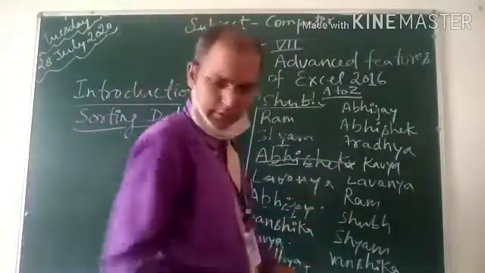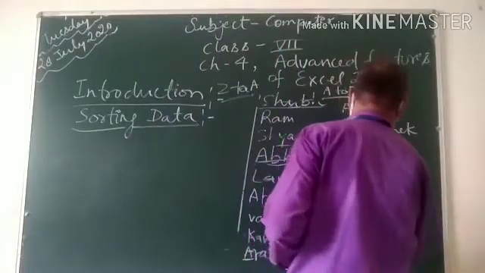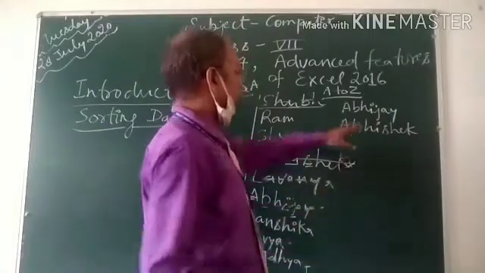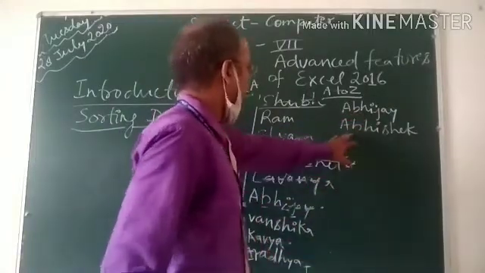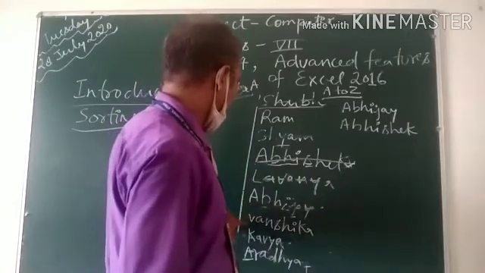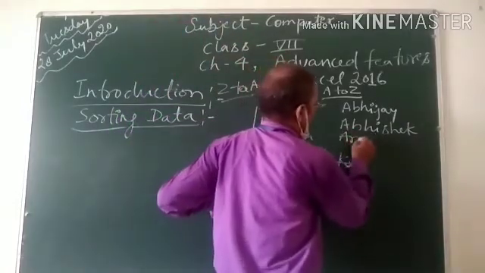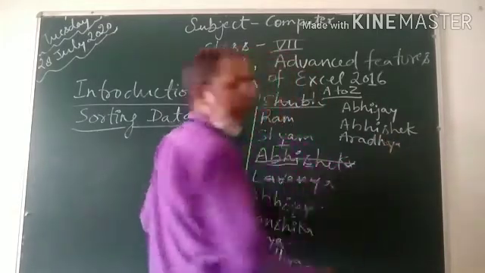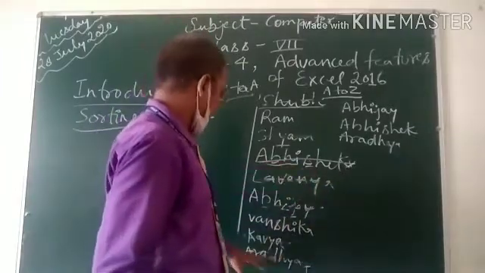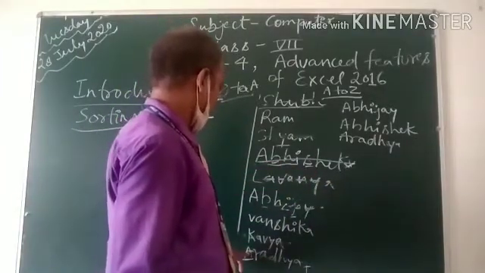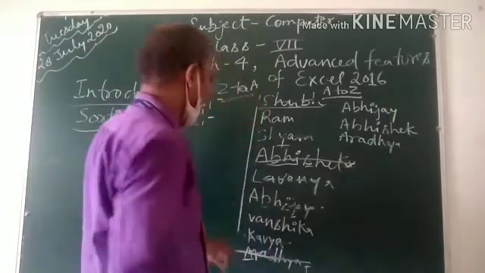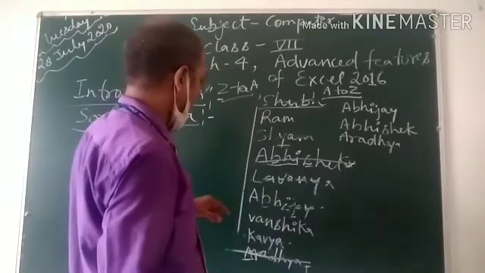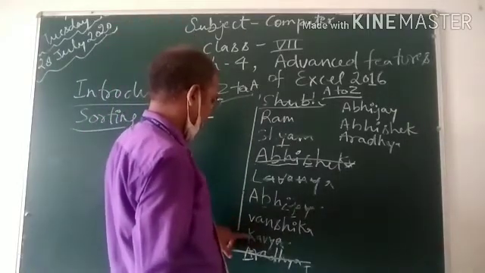Write here: Abhijay, Abhishek, and after Abhishek we write Aradhya. After Aradhya, A, B, C, D, E, F, G, H, I, J, K, Kavya.